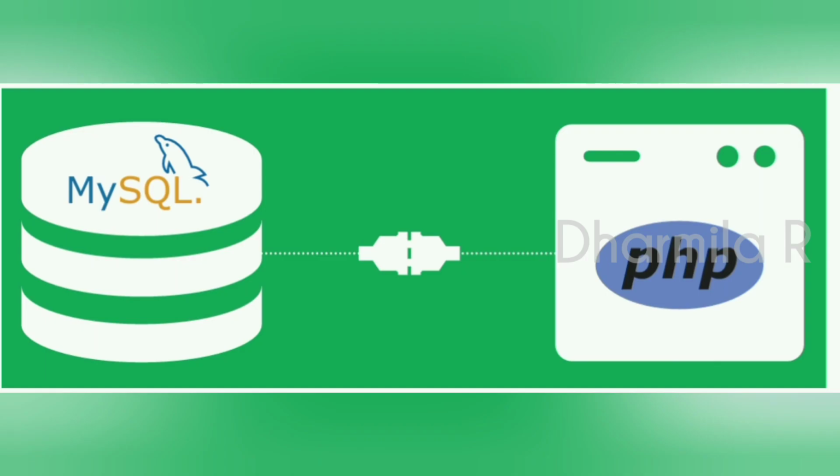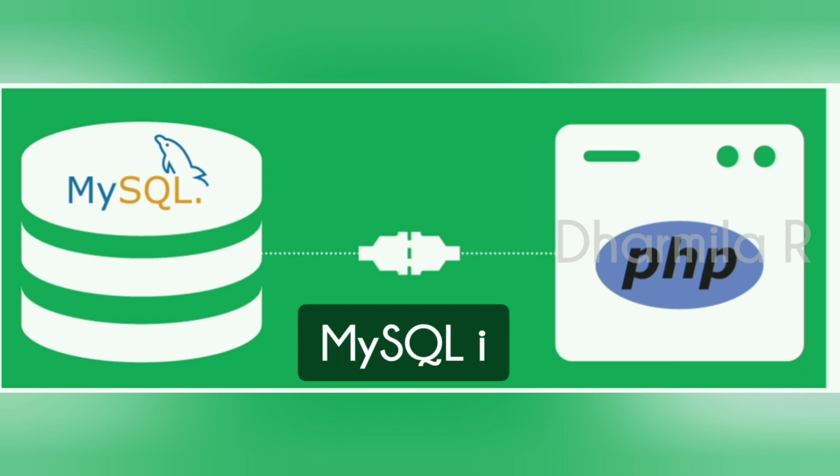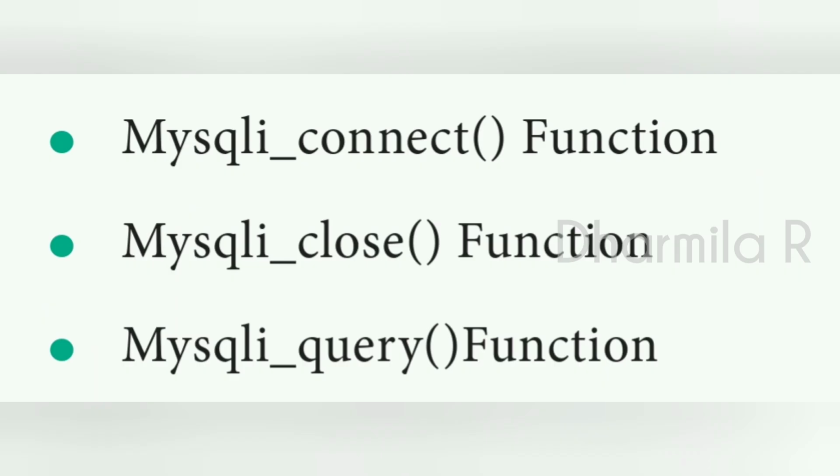In the PHP scripting language, many functions are available for MySQL database connectivity and to execute SQL queries. MySQLi is an extension in PHP which gives access to the MySQL database. These are the three main functions used in a PHP program to connect to MySQL.